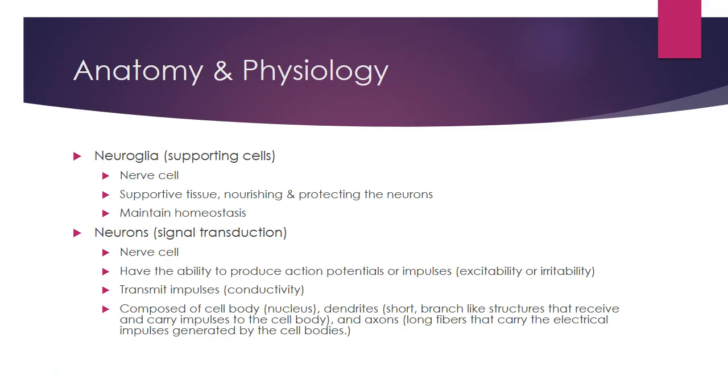These action potentials or impulses reflect their excitability or irritability, basically. And they transmit these impulses, which is the conductivity. They are composed of a cell body, which is your nucleus, dendrites, which are the short branch-like structures that receive and carry impulses to the cell body, and then axons, which are the long fibers that carry the electrical impulses that are generated by the cell body. And I have a picture of an axon later on.